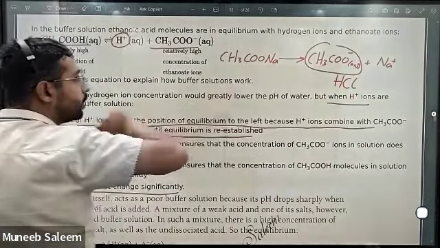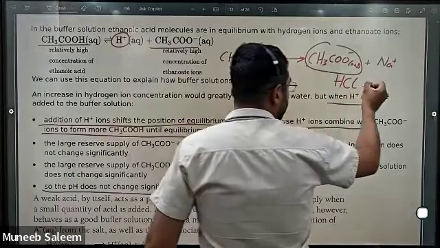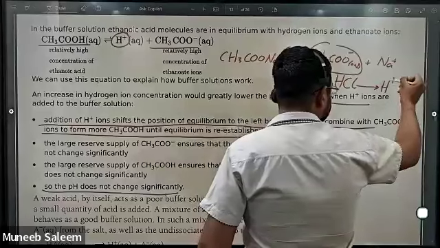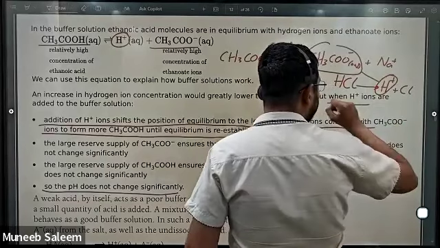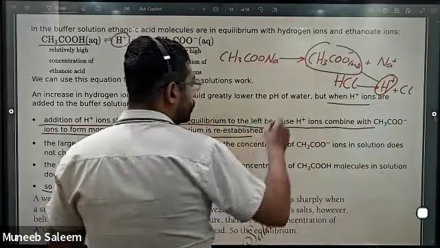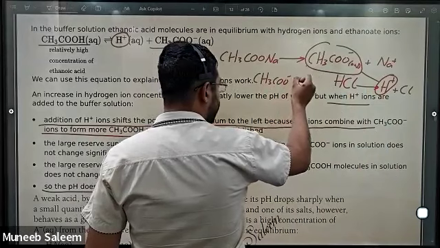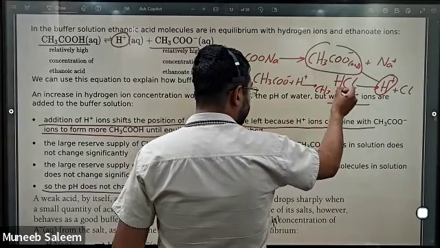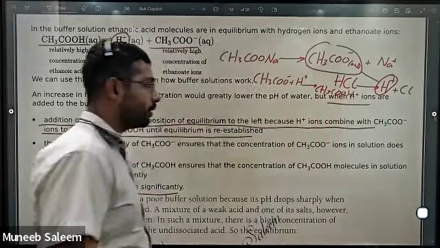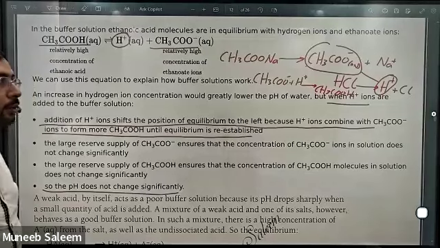The ethanoate ions react with the hydrogen ions of the HCl, and as a result you have the formation of ethanoic acid again: CH3COO negative plus hydrogen ions form ethanoic acid, CH3COOH, and that's a weak acid. So this is how the buffer has played its role to counteract the added HCl.